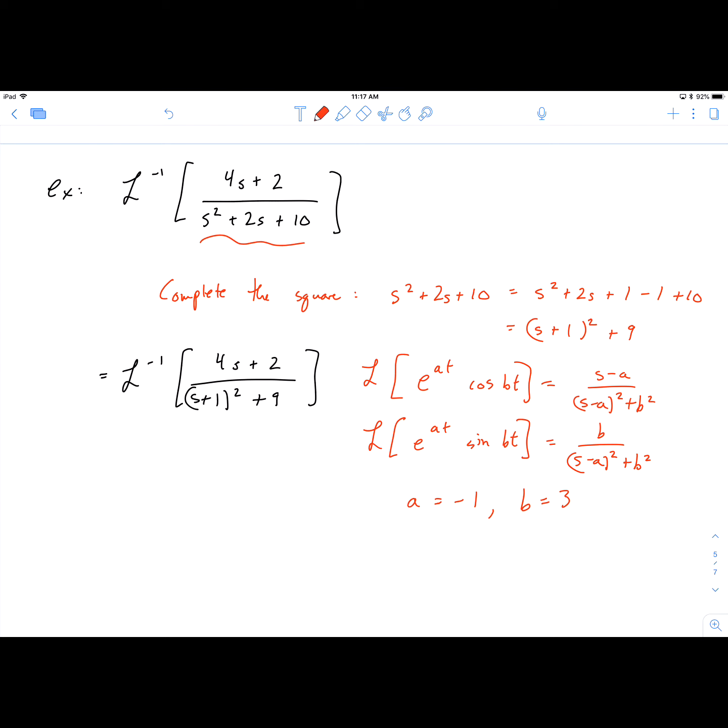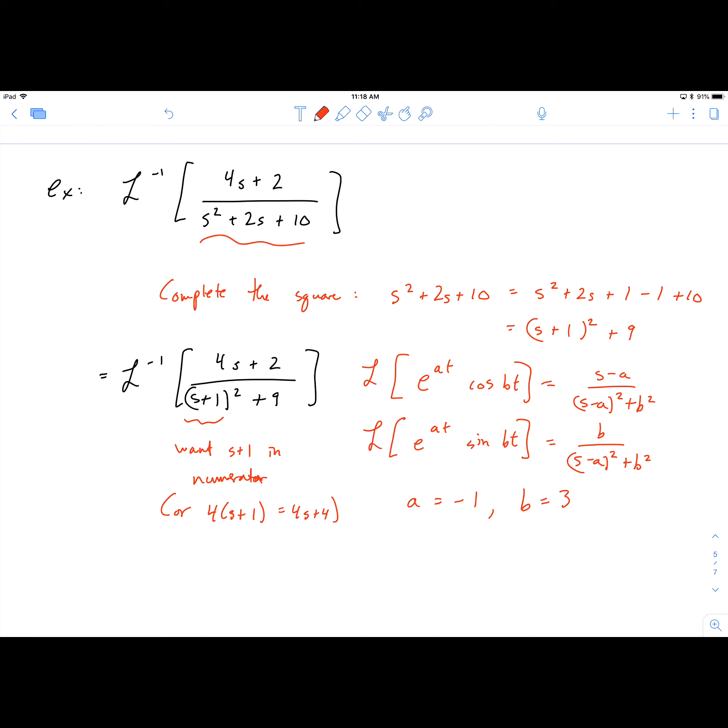We know that a is -1, so we want the numerator of one of the pieces to be s plus 1. Now, it's not quite that simple. Because we have a 4s here, we really want to have 4 times s plus 1, or like 4s plus 4.